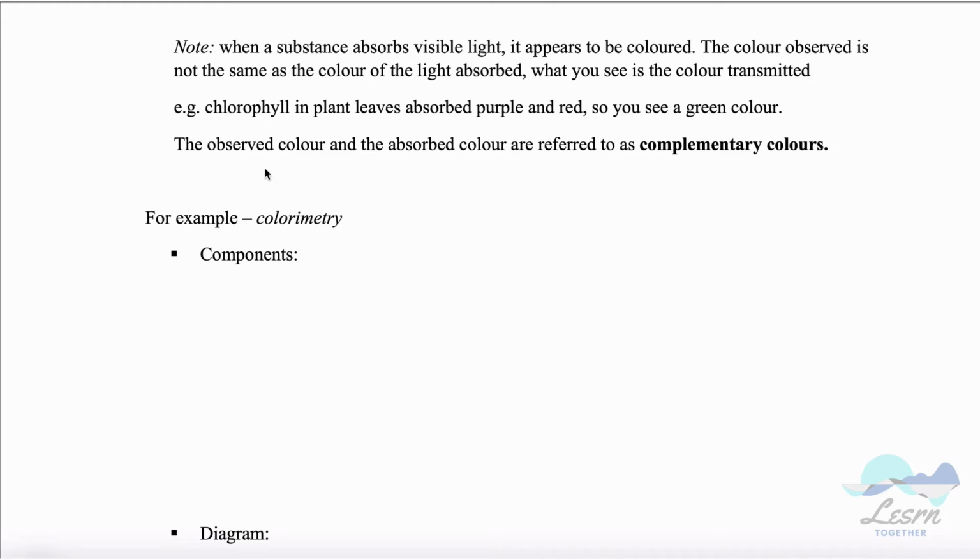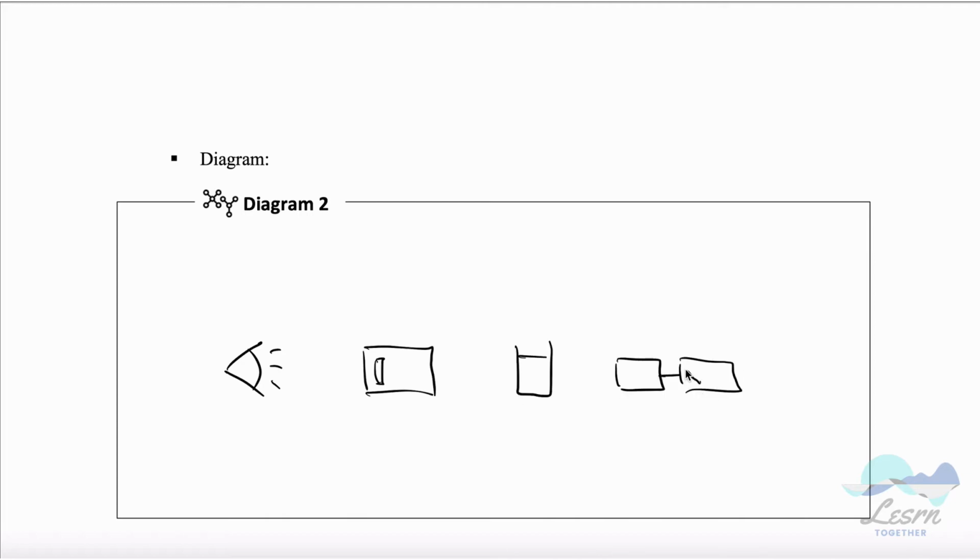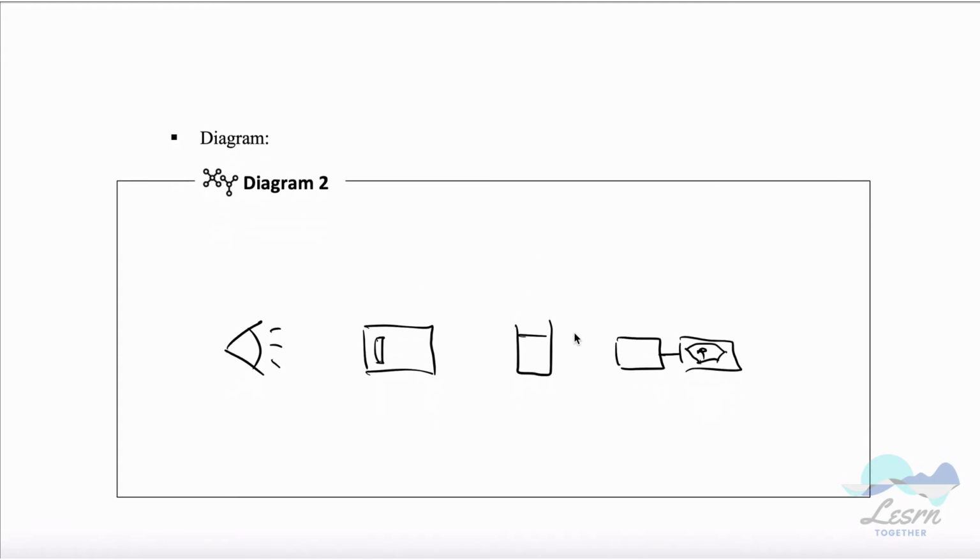So this process is called colorimetry. We'll draw the diagram for colorimetry first, and then we'll talk about the main components and what they're used for, okay? So if you just copy these diagrams down, okay, so these are the main components in a colorimetry setup.